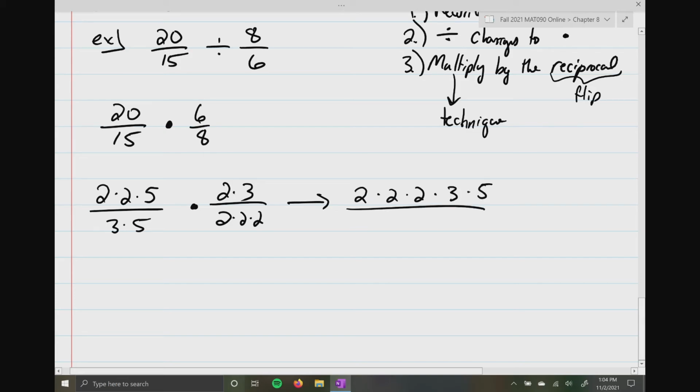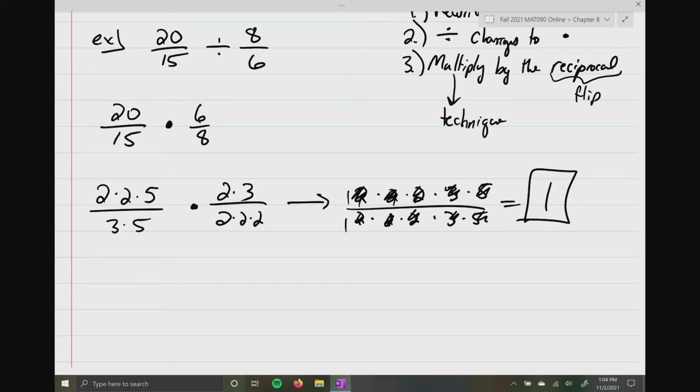Then we're going to write one very big denominator in order. Remember, n over n is 1. And you're just going to reduce everything that you got. So this turns out to just be 1. Okay? Now, if you can remember that, you already know how to divide rational expressions.